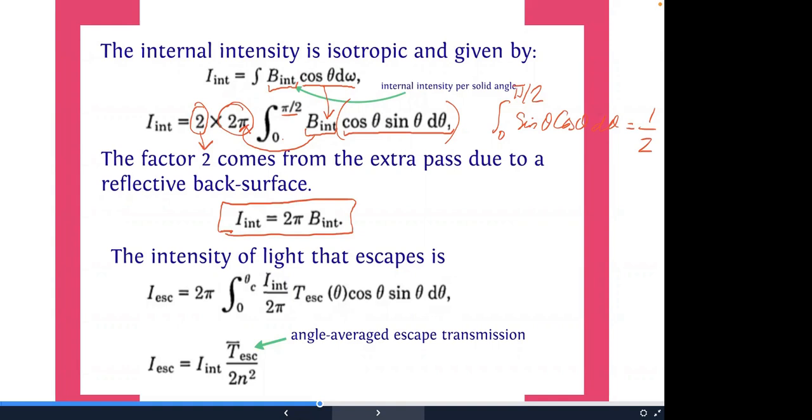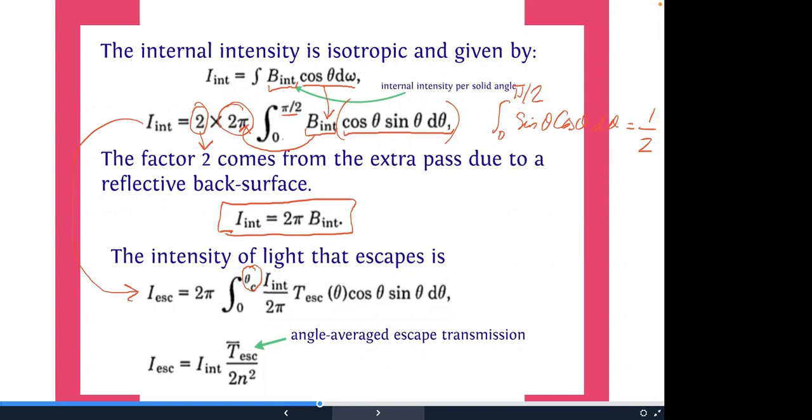Now, that is what is inside the material. We can also compute the intensity of light that is escaping from this material. It's exactly the same integral, but now done over the escape cone instead of the entire sphere. So it's the exact same integral as shown here, except that now instead of 90 degrees, we're doing theta c.